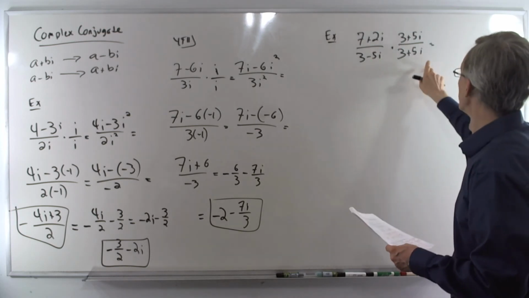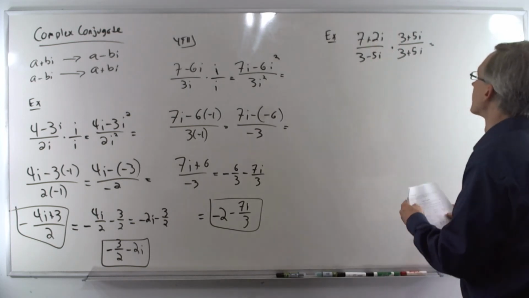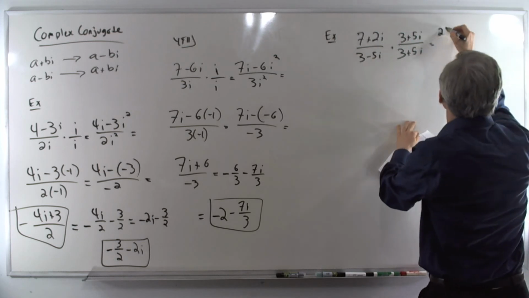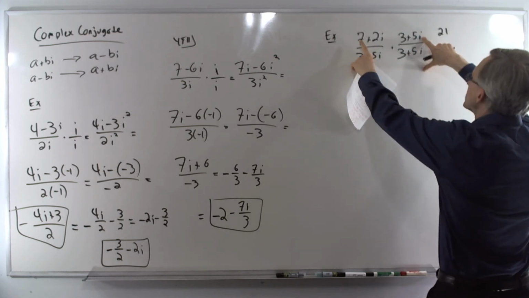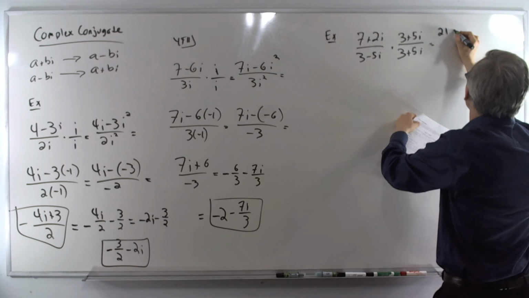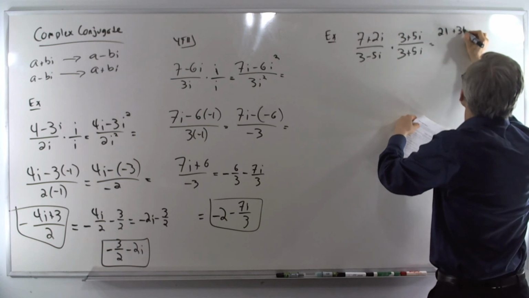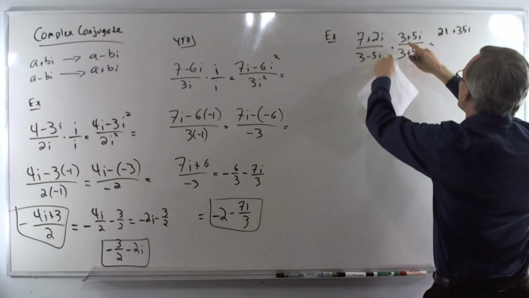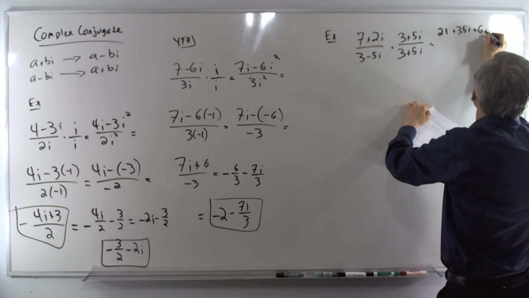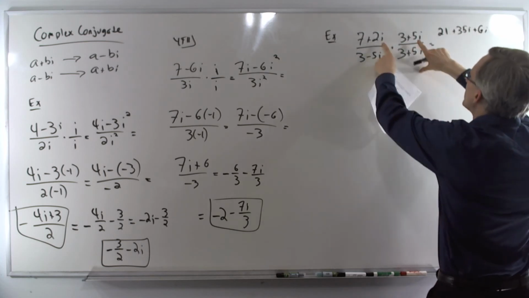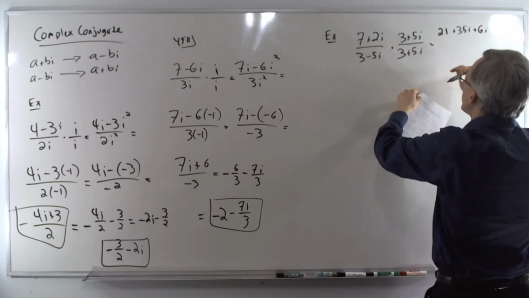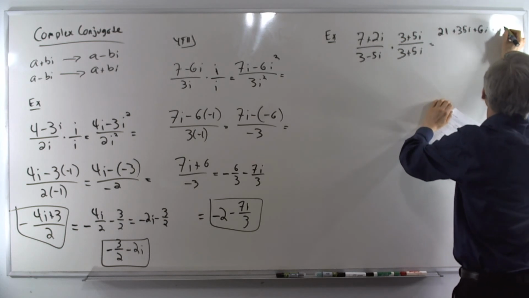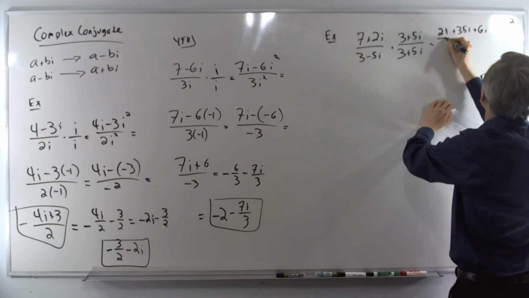Now we're going to need to FOIL on top. So 7 times 3 is 21. 7 times 5i is 35i. 2i times 3 is 6i. And 2i times 5i is 10i squared.